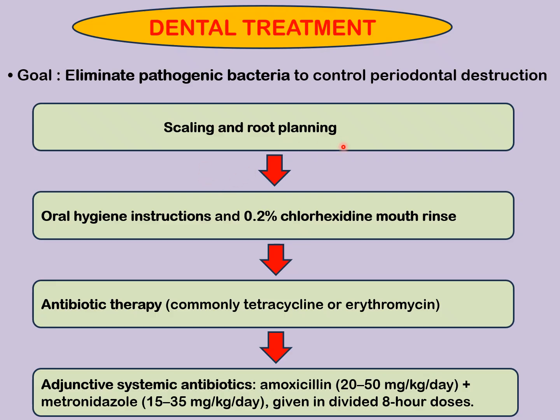Firstly, scaling and root planing is done, followed by oral hygiene instructions, and the patient is asked to use 0.2% chlorhexidine mouthwash. This is followed by antibiotic therapy, that is tetracycline or erythromycin, with adjunctive systemic antibiotics, using amoxicillin 20 to 50 mg per kg per day with metronidazole 15 to 35 mg per kg per day, given in divided 8-hour doses.